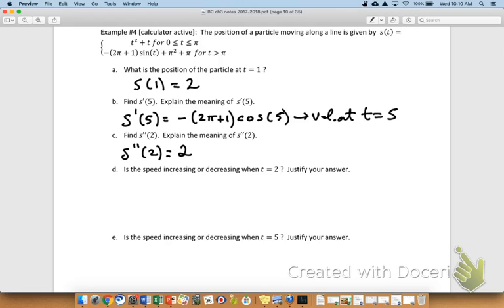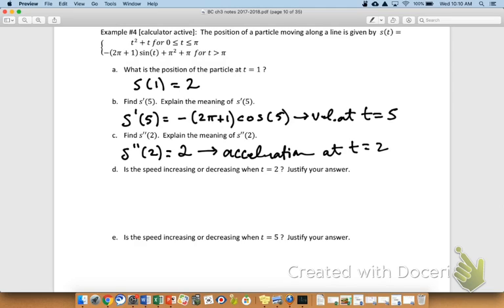What is the meaning of S double prime of 2? Yeah, what does that mean? Acceleration. That's 2. Acceleration of this particle, this object, at t equals 2.